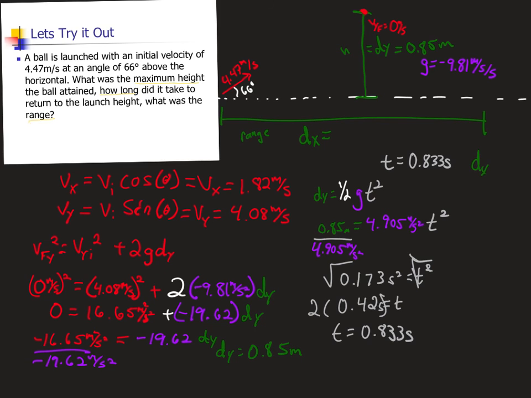Now that we have a time, we can utilize the equation: distance in the x is equal to velocity in the x times time, giving us 0.833 times the velocity that we solved for earlier, 0.82.